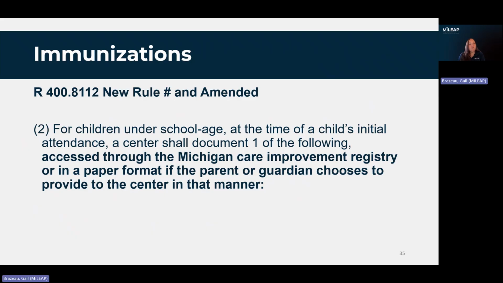Regarding immunizations, Rule 8112, also given a new rule number and amended Subrule 2. For children under school age, at the time of a child's initial attendance, a center shall document one of the following: accessed through the Michigan Care Improvement Registry or in a paper format if the parent or guardian chooses to provide to the center in that manner.